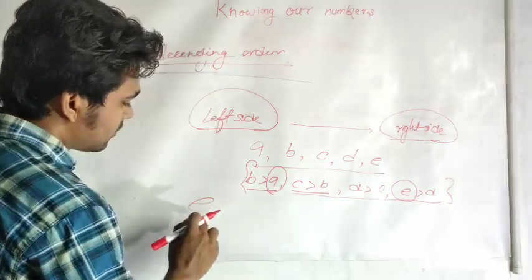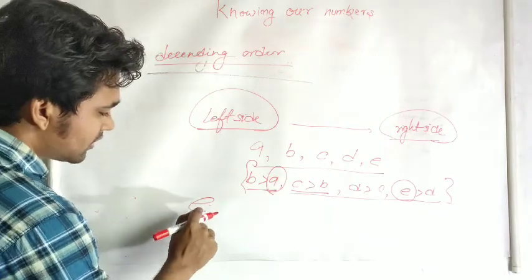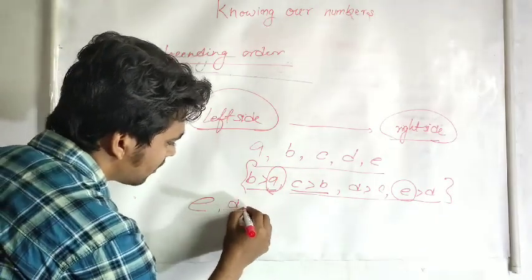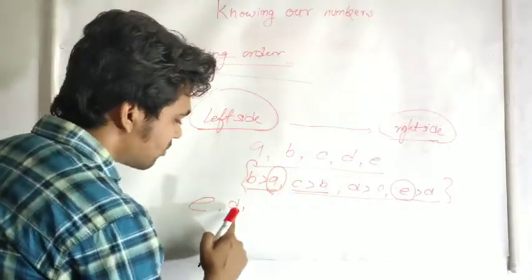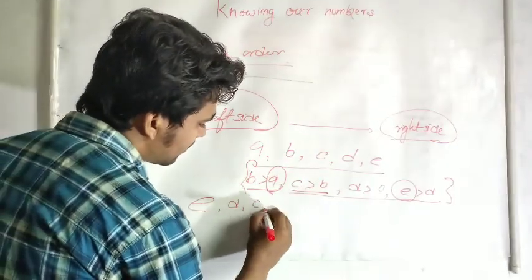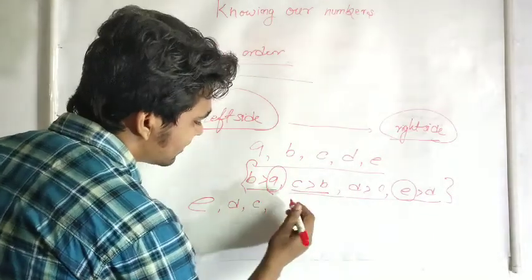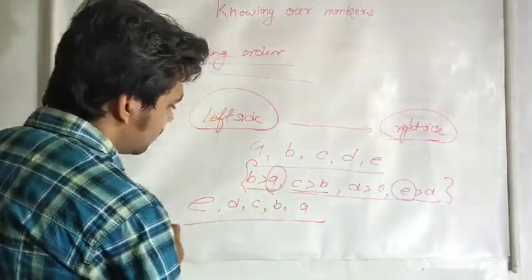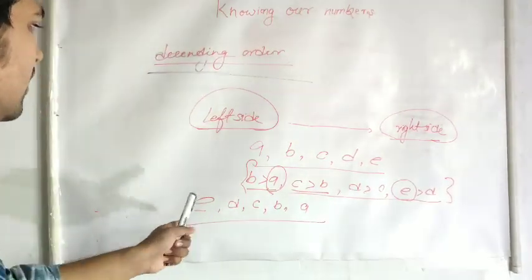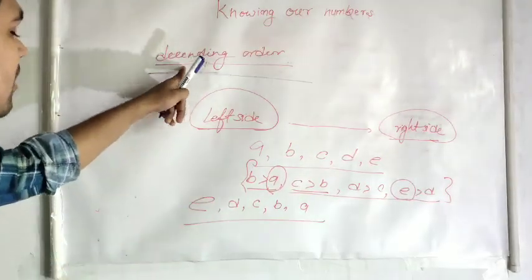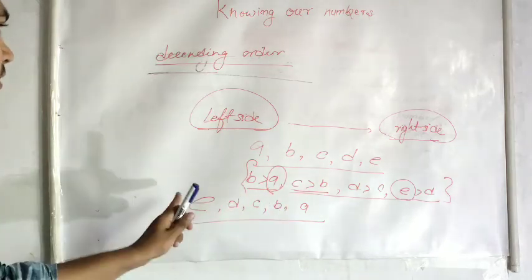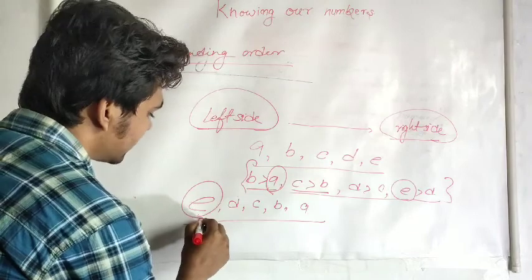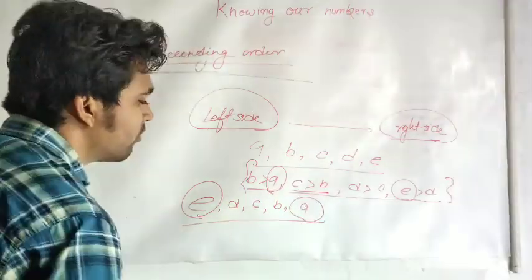Then the smaller number than E is D, then C is smaller than D, B is smaller than C and A is the smallest number. So when we arrange the numbers in descending order, E would be the greatest one and A would be the lowest one.